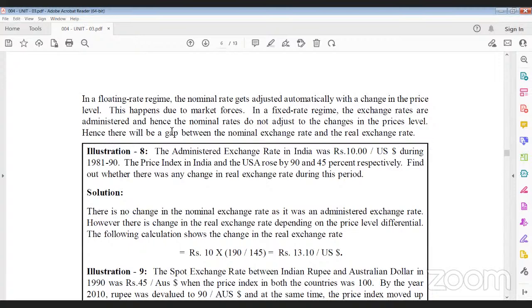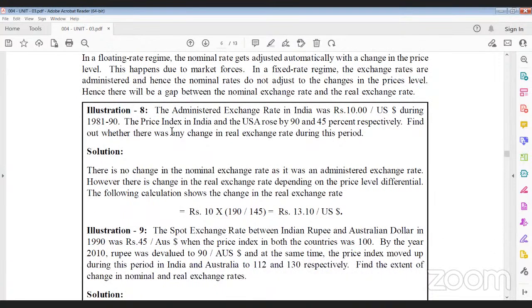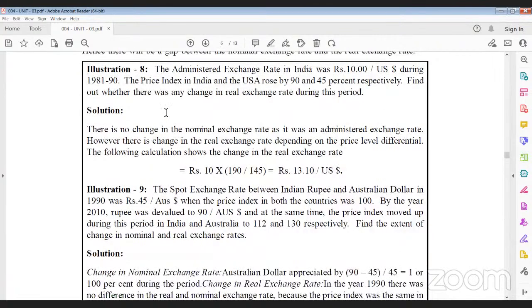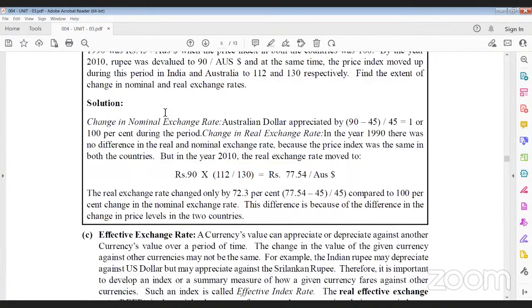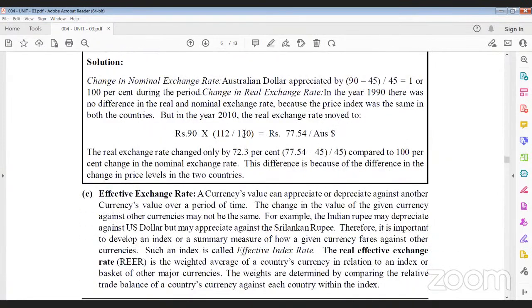Hence, there will be some gap between nominal exchange and real exchange, and these gaps are because of the price level changes. Okay, by using the same formulas you can also identify change in the nominal exchange rate, etc.